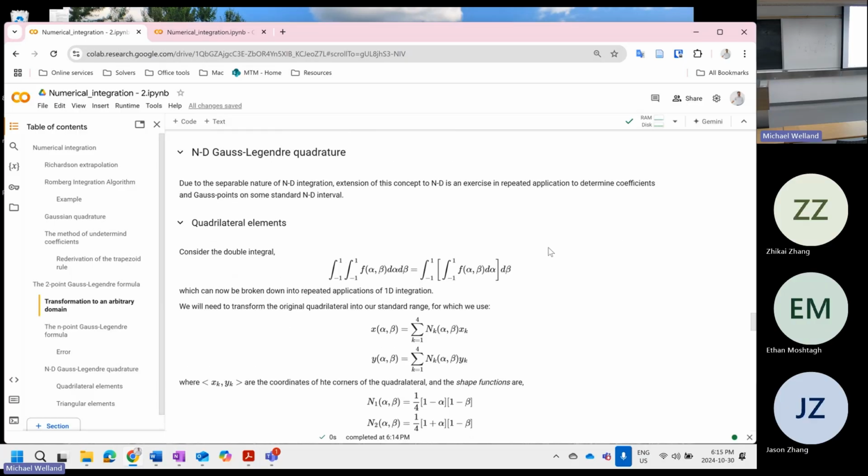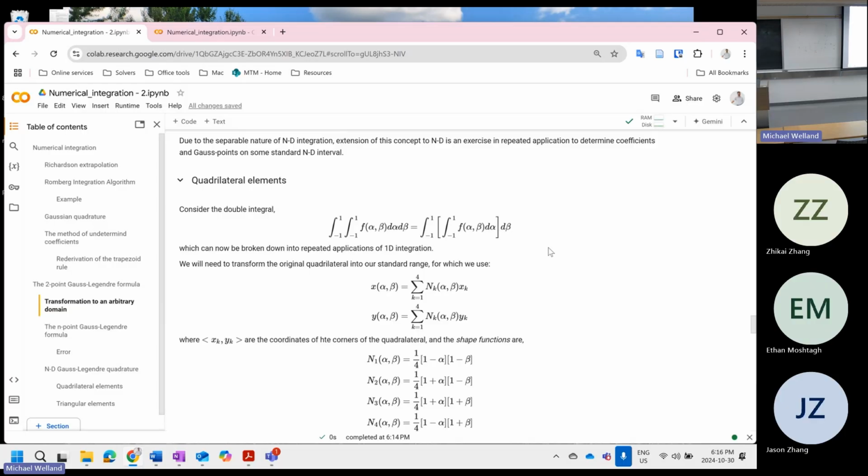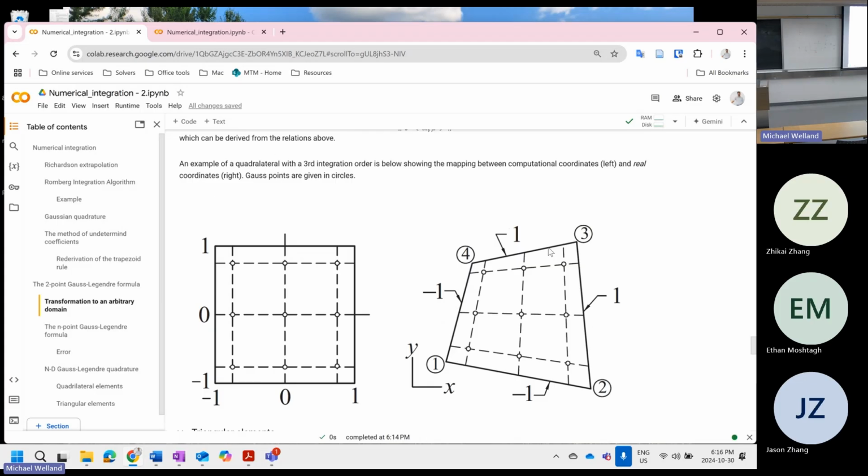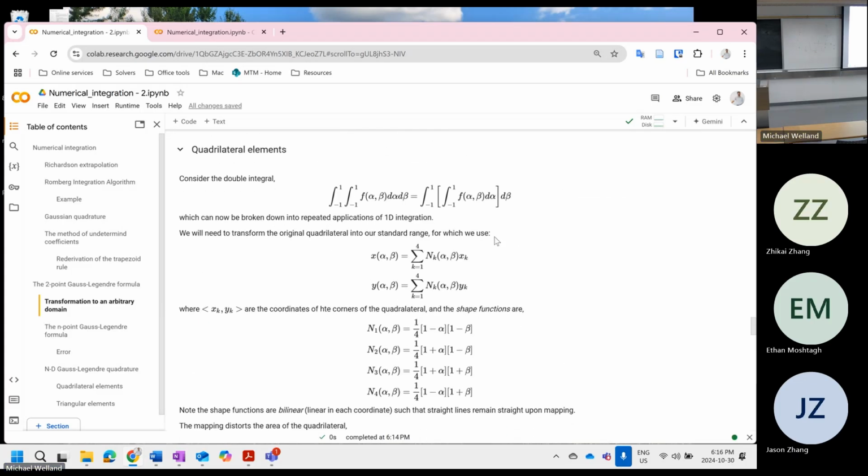Yeah, so multiple dimensions kind of works because of the separability of integration. You could do the same idea as up here, but there are better ones that are more optimized. So the first one is for quadrilateral elements. Quadrilateral being, well, that. The exact same idea.